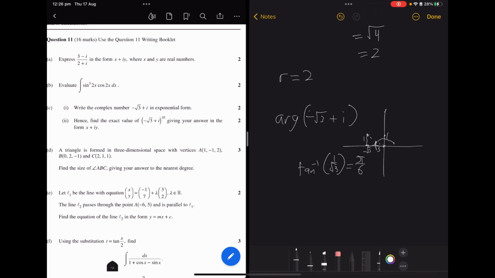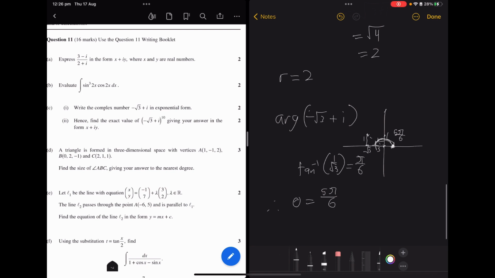So the argument of this, measured from the positive axis to the right all the way through here, is going to be pi minus pi on 6, which is 5 pi over 6. Therefore, the theta, or argument, is going to be 5 pi over 6.